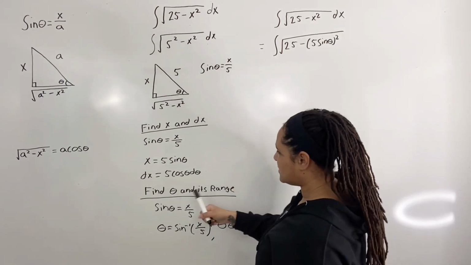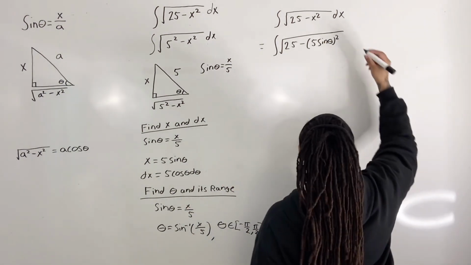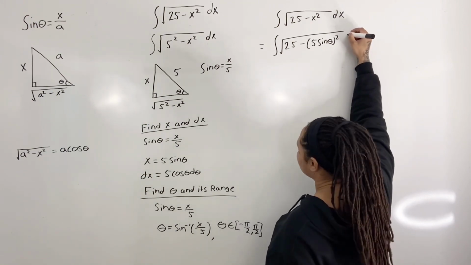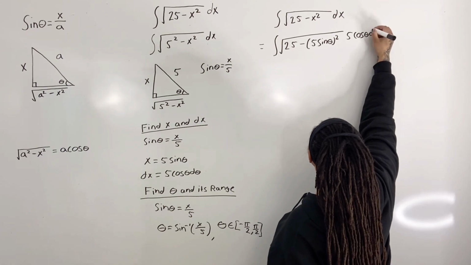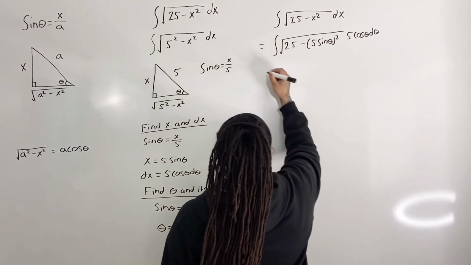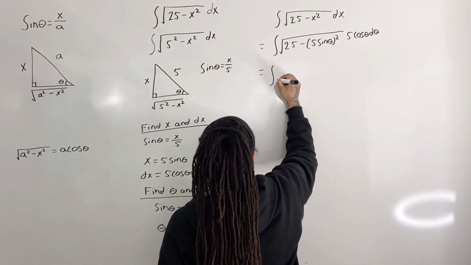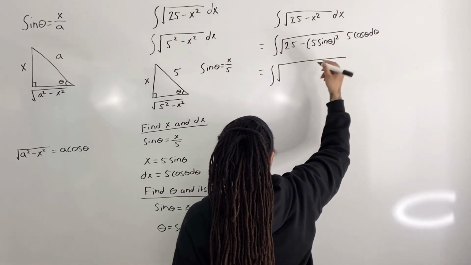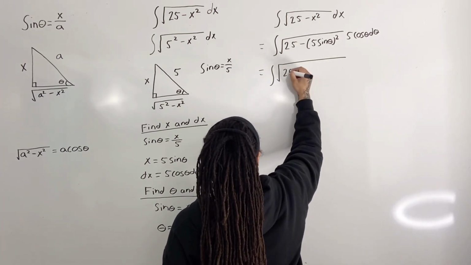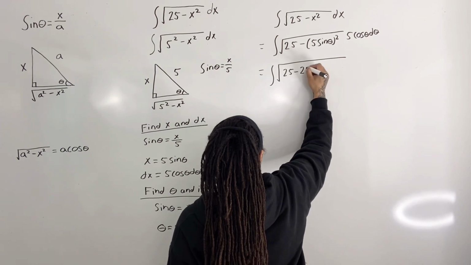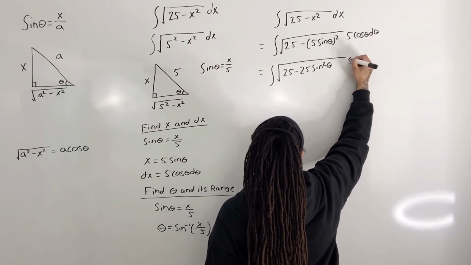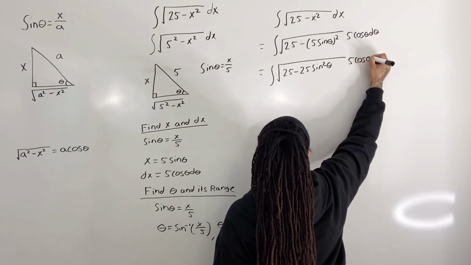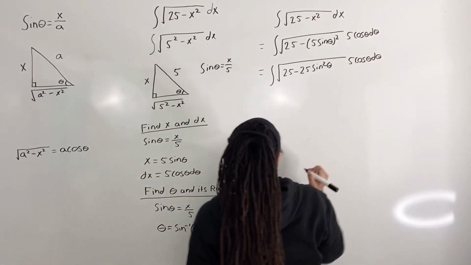And dx is equal to 5 cosine theta d theta, so this is multiplied by 5 cosine of theta d theta. And now just squaring the 5 and the sine, we have 25 minus 25 sine squared of theta times 5 cosine of theta d theta.